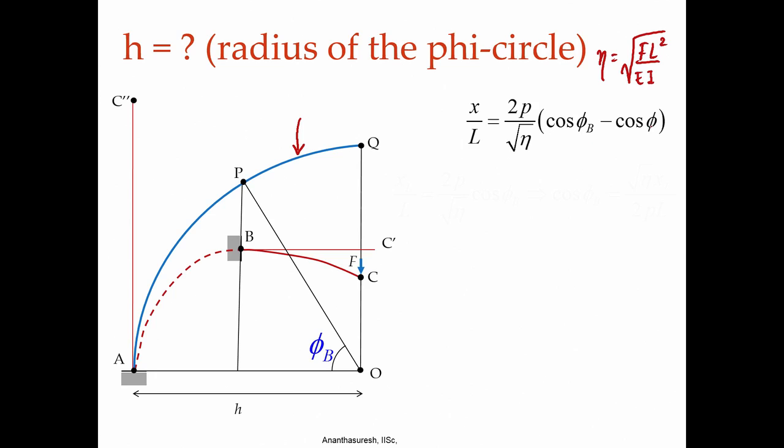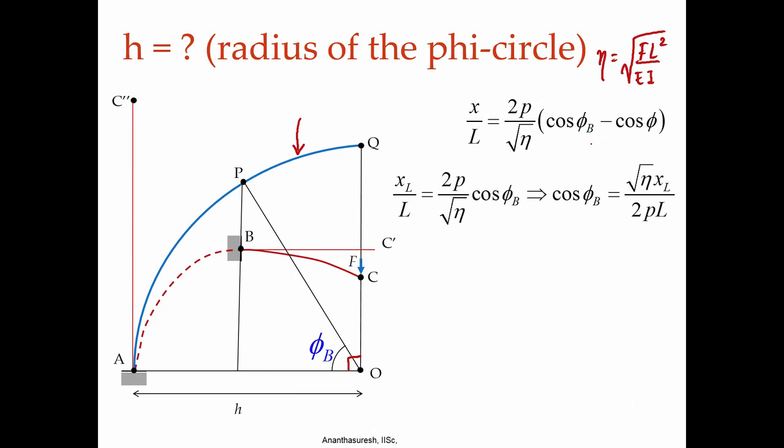So, now what happens when we go all the way to the end, that is at point C, where phi actually becomes 90 degrees. Then if I go all the way, that cosine phi will be 0. So, I get x sub L, where x is general for any phi.